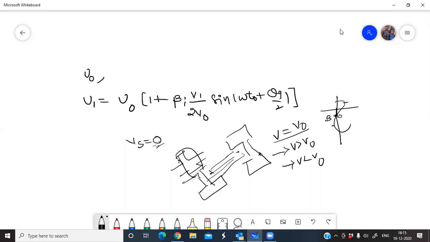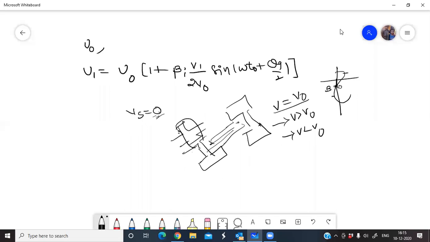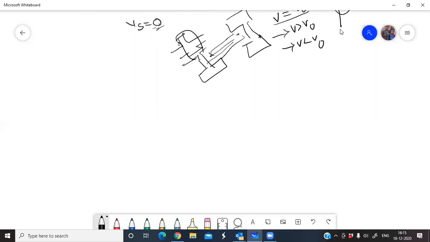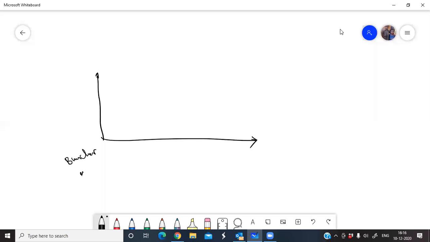Now I want to represent that bunching process, and where the bunching occurs, the bunching distance from the buncher grid, with a diagram. Just observe this. Suppose this is the buncher grid. Look at this diagram, you will get the clarity.